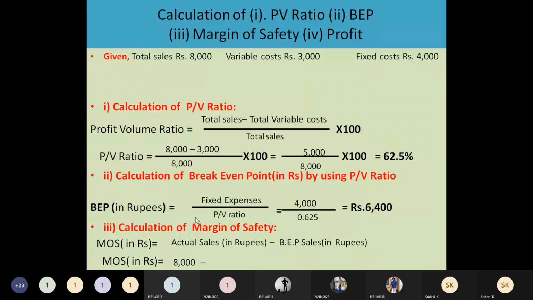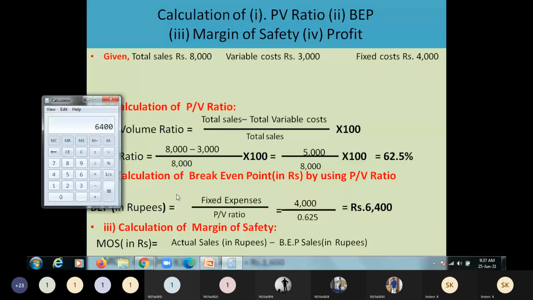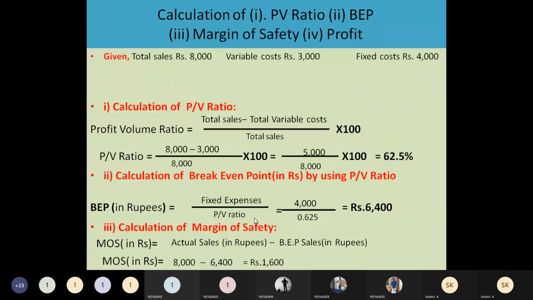This will give you rupees 1,600. Check it out in the calci: 8,000 minus 6,400. See, 1,600 is the amount that you are going to get. The same thing was shown here, 1,600. The result is in rupees, so compulsorily mention that rupees.